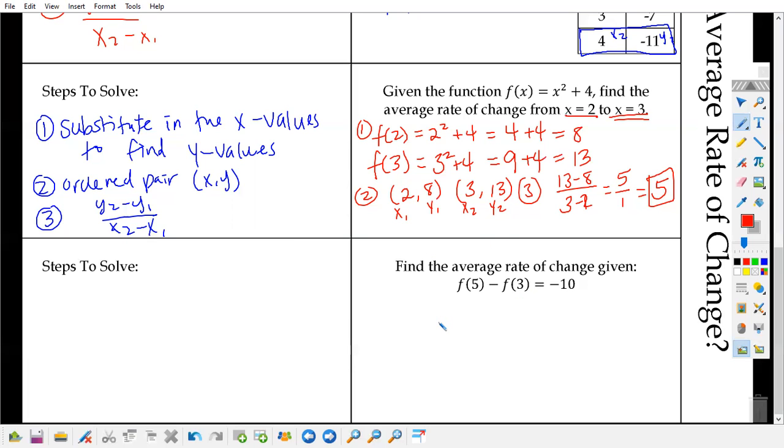When you're evaluating this, we're going to talk about what you're doing. So step 1 is you're going to identify your x values, and your x values are the numbers in parentheses.